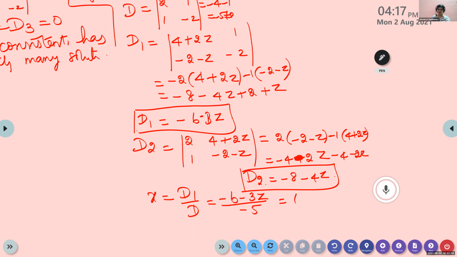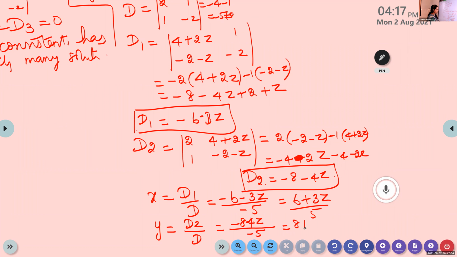So we can take one minus and cancel, and we can write this as 6 plus 3z by 5. Similarly, y is D2 by D. D2 is minus 8 minus 4z by minus 5, so it will be the same as 8 plus 4z by 5.